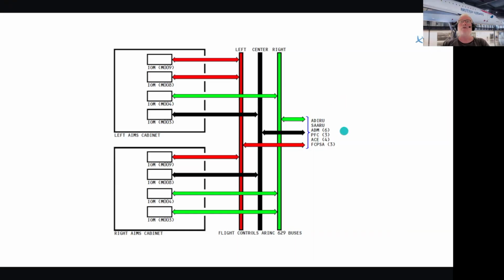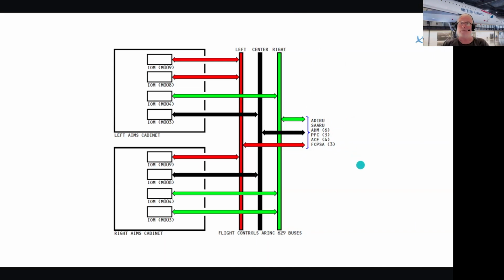So you've got ADIRUs, air data inertial reference units, a secondary air data reference unit, 6 ADMs, 3 primary flight computers, 4 ACE computers, and whatever that is, I can't remember. But you can see, for these flight control computers, it's 3 data buses.